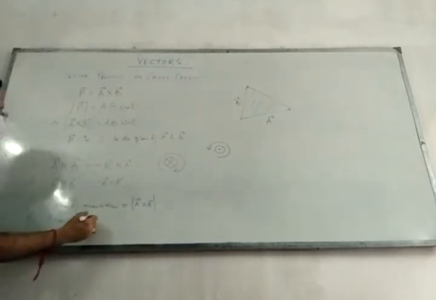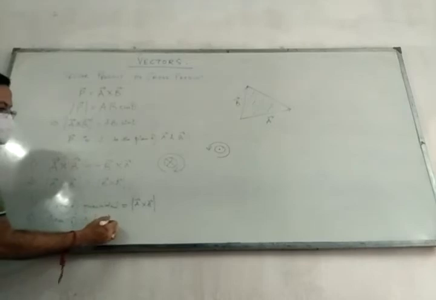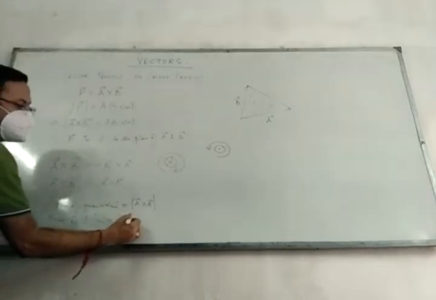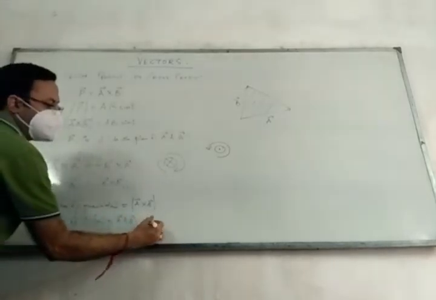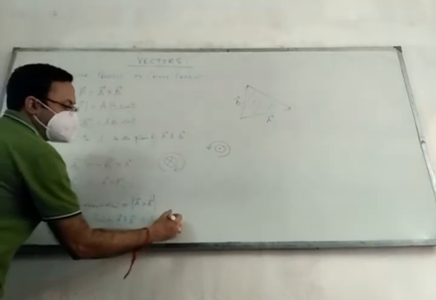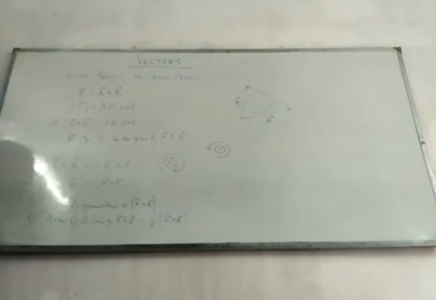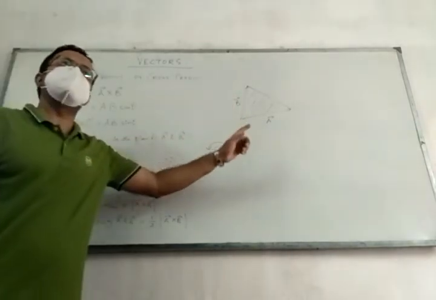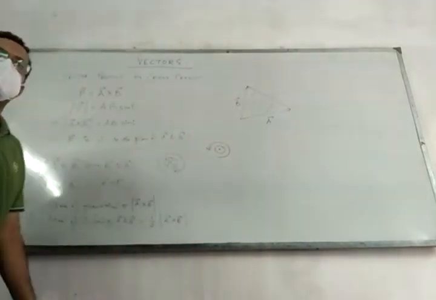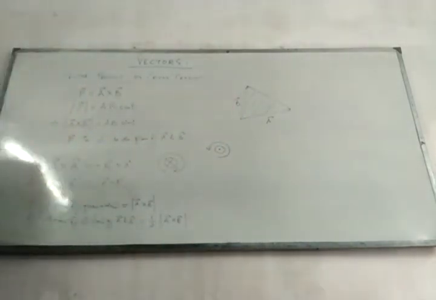Area of triangle formed by A and B is equal to half of the magnitude of A cross B. You know why? Because if the whole is the parallelogram, the triangle is half of the area of the parallelogram. So you can just multiply by a half and get it.